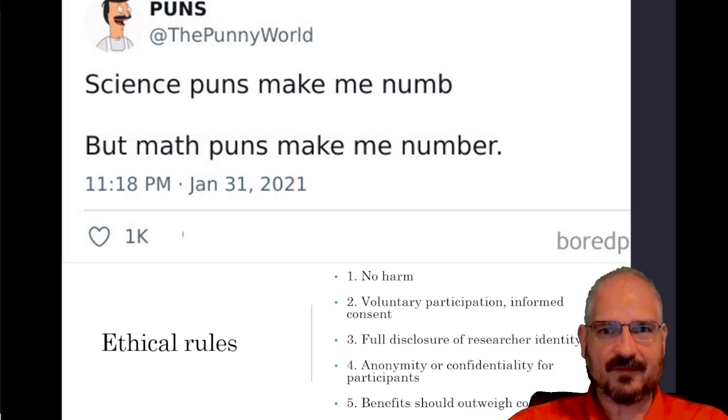So the possible benefits of this research need to be much larger than the costs incurred on the research subjects and the researcher, both in money and time and physical pain, emotional pain, any of those things. So we really need to make sure that the reasonable results of this research are worth even the minorest of harms.